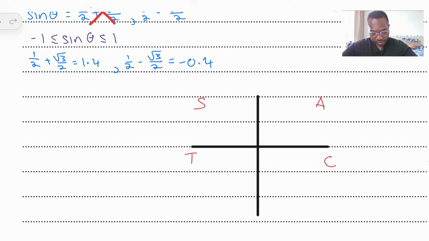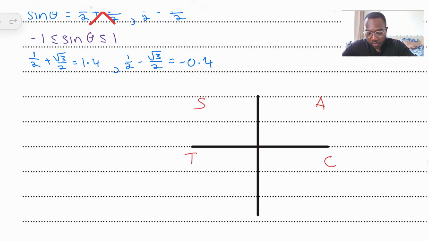Okay. So now on your calculators, just make sure your calculator is in degrees, and then just do the inverse of sine of a half minus root 3 over 2, and you will get minus 21.5 to one decimal place. Now, where would that minus 21.5 be?